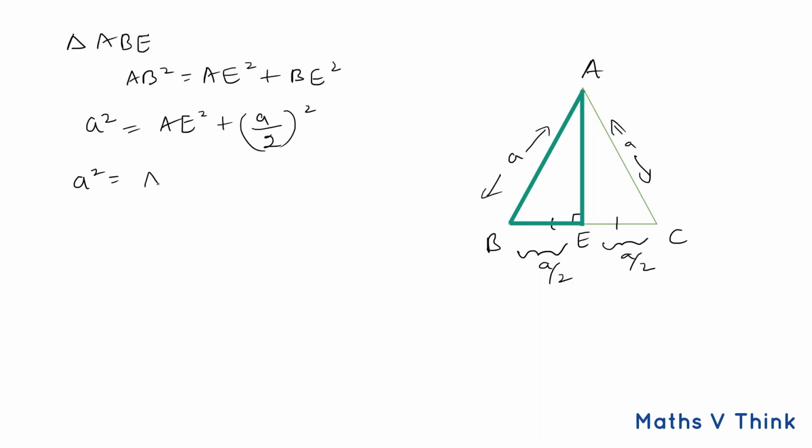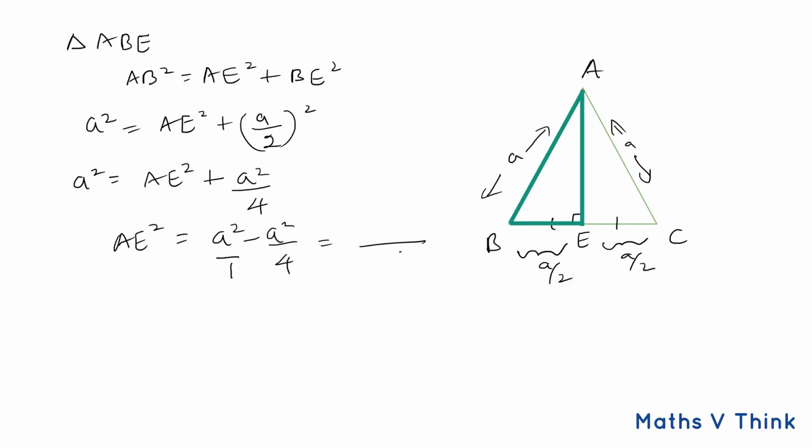A square is equal to AE square plus A square by 4. So now taking this A square by 4 to that side as minus A square by 4, AE square is equal to A square minus A square by 4.